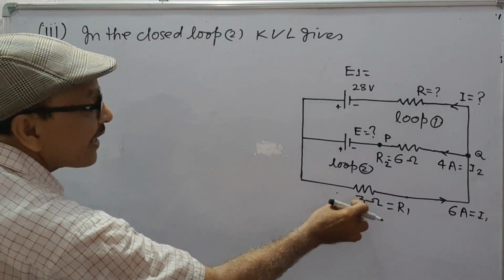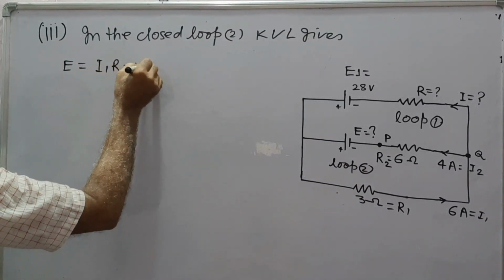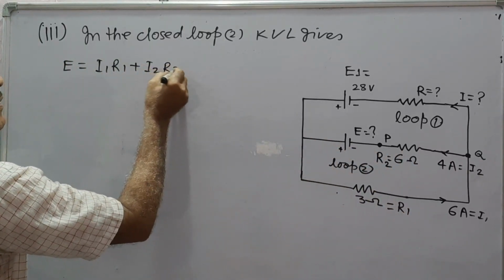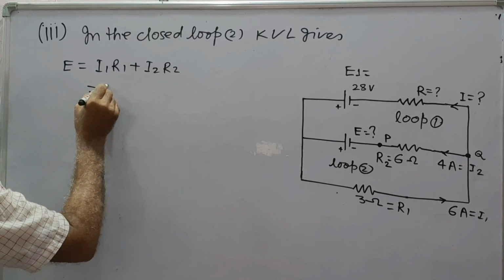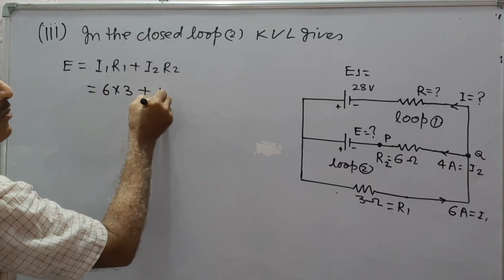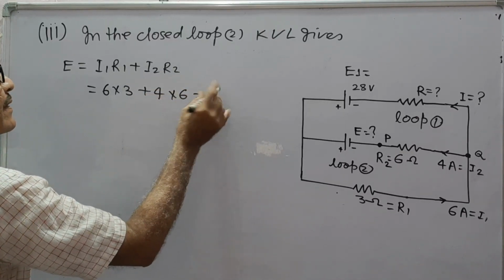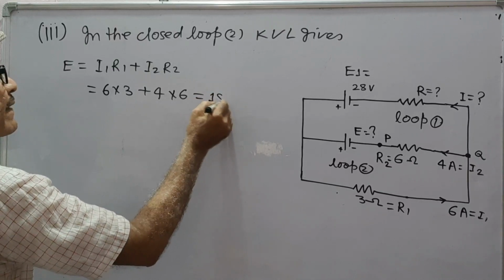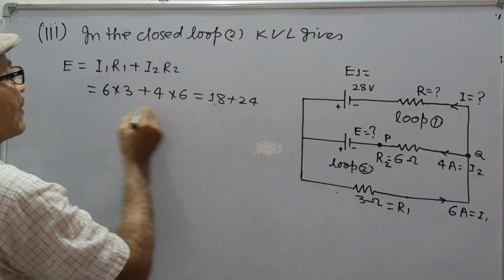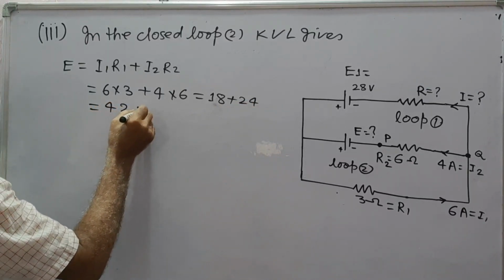Sigma IR means I1 R1 plus I2 R2. I1 is 6, R1 is 3, plus I2 is 4 into 6, which is 18 plus 24, which gives 42 volts.